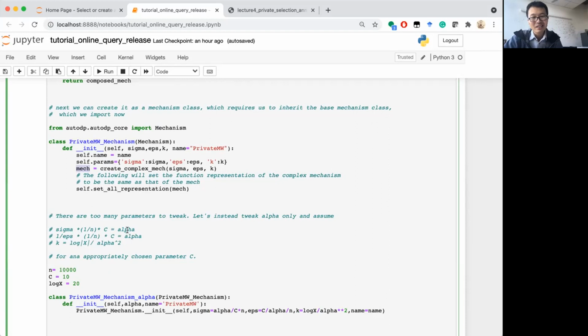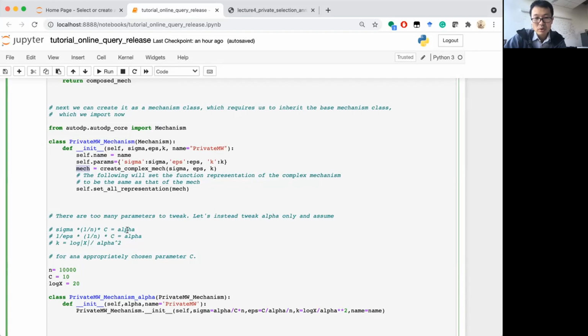So one of the key challenges of applying this sparse vector technique and the private multiplicative weight updates is that we don't really know what the right choice of alpha is given these other parameters of interest, right? We could choose it by theory, but then it is likely to be more conservative than needed.